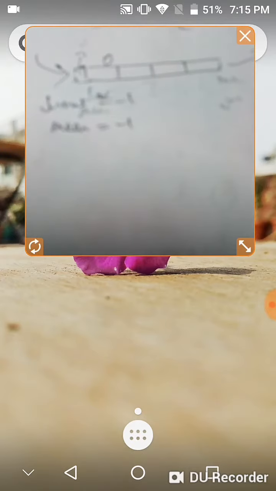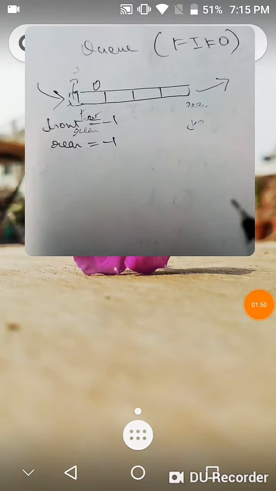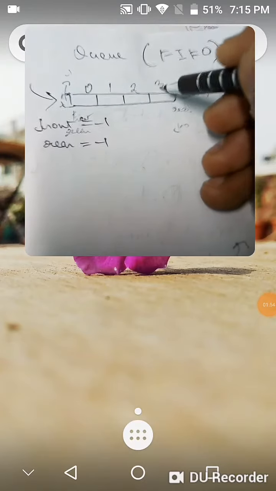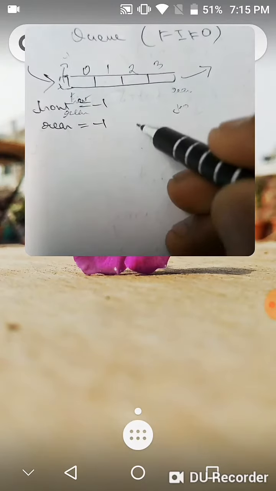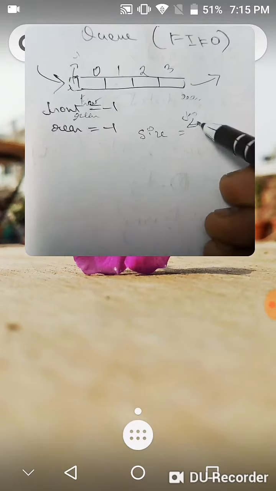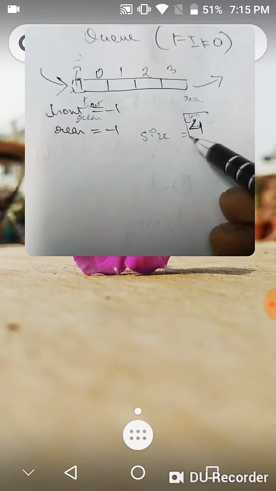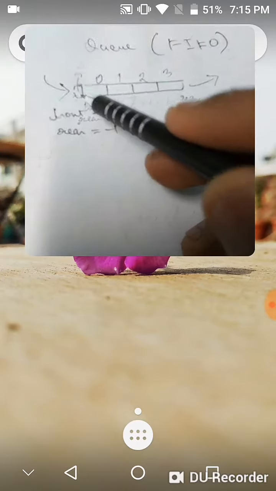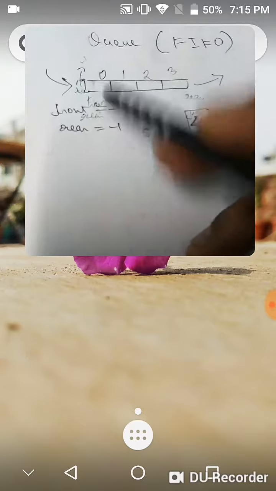This is index number 0, this is 1, this is 2, this is 3. So the size of our array is 3 or 4. This is our array, and front is at -1 and rear is at -1.